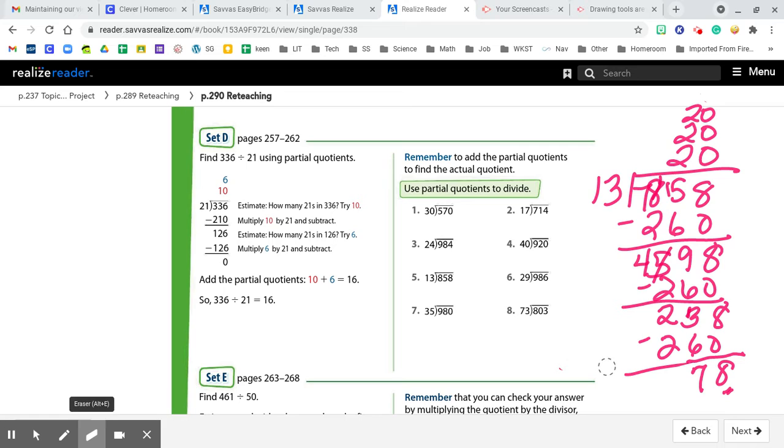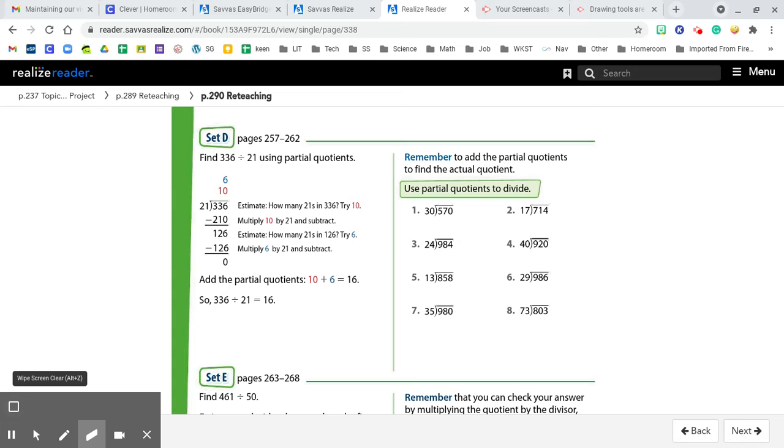How am I going to get an 8 in my ones place? 13 times 3 is 9 in the ones, 13 times 4 is 2, 13 times 5 is 5, 13 times 6. That will get me that 8 in that ones place. There we go. So my final answer, 20, 40, 66. So for number 5, we have 66.